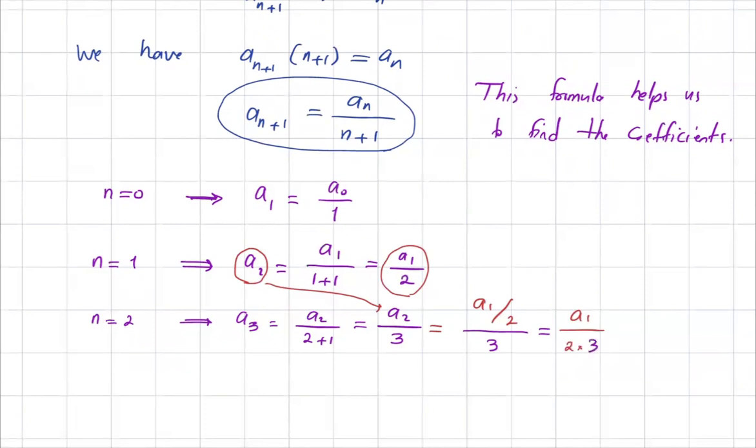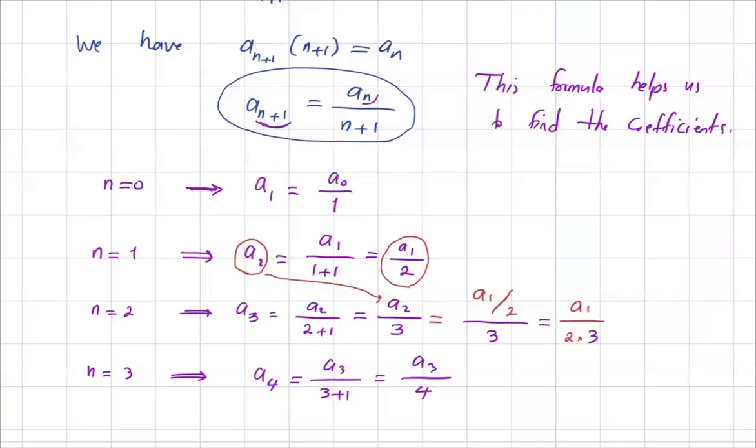Very good. Excellent. What if n is equal to 3? When n is equal to 3, a sub 4 becomes a sub 3 divided by 3 plus 1, or a sub 3 divided by 4.